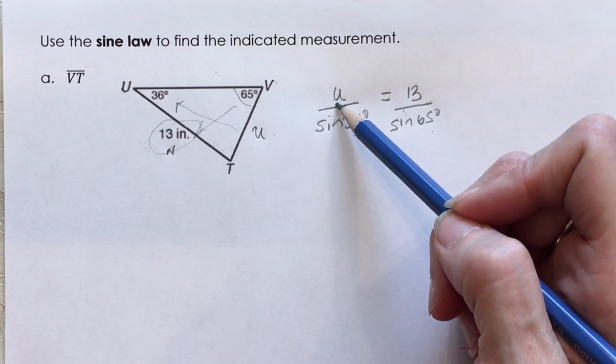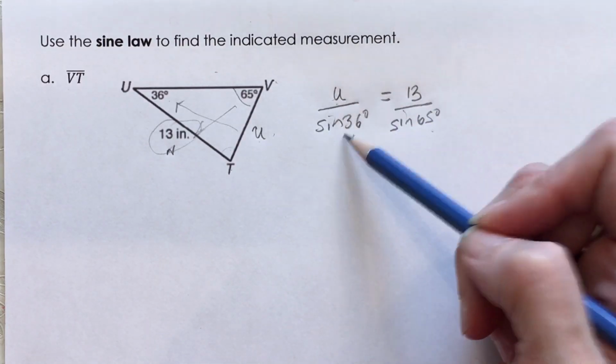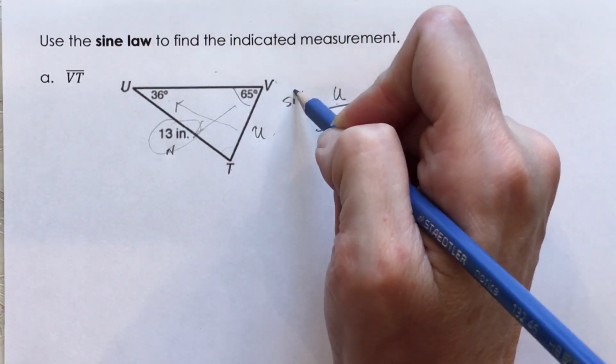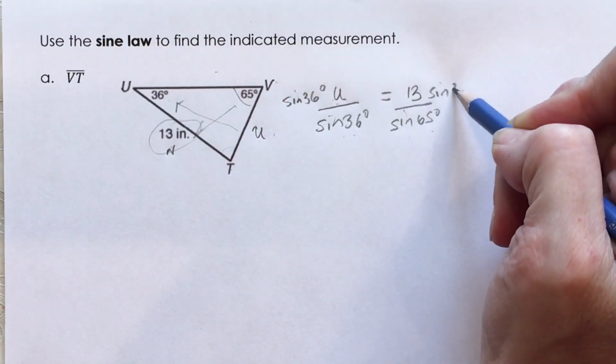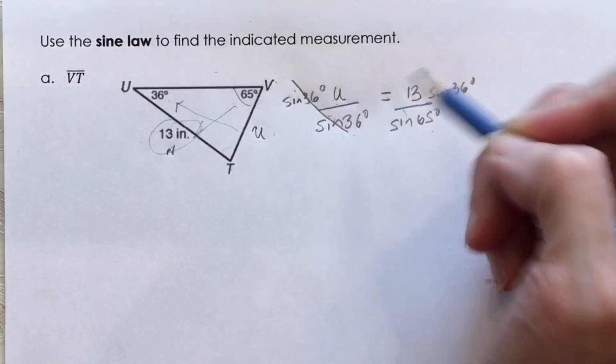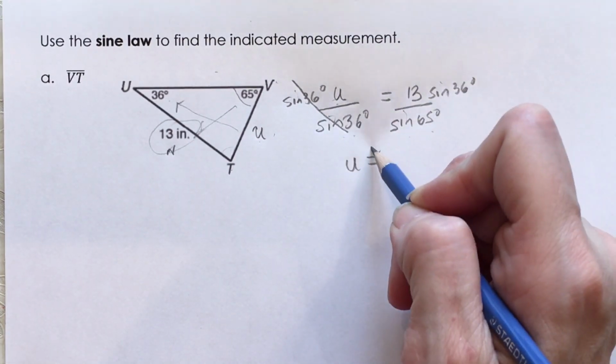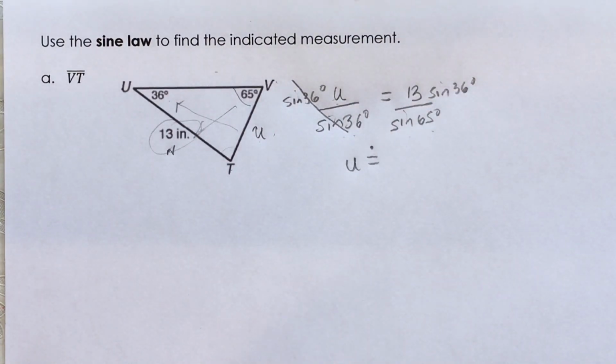Then all I need to do is get U by itself. It's being divided by the sine of 36, so we multiply both sides by the sine of 36. Those cancel, and then if we use our calculator effectively, we can figure out the length of side U.